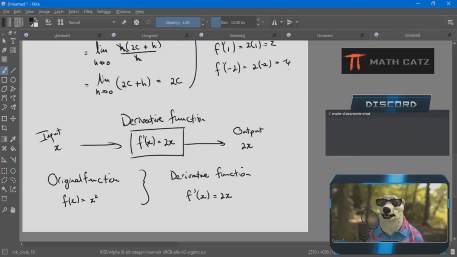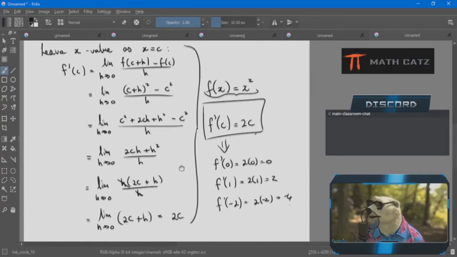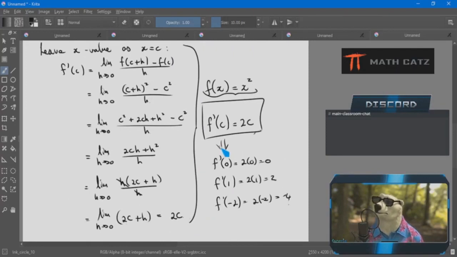And the function aspect of the derivative allows me, if I can find this function, like I did up here, to get around the limit definition, the limit calculation that technically you have to do every time.